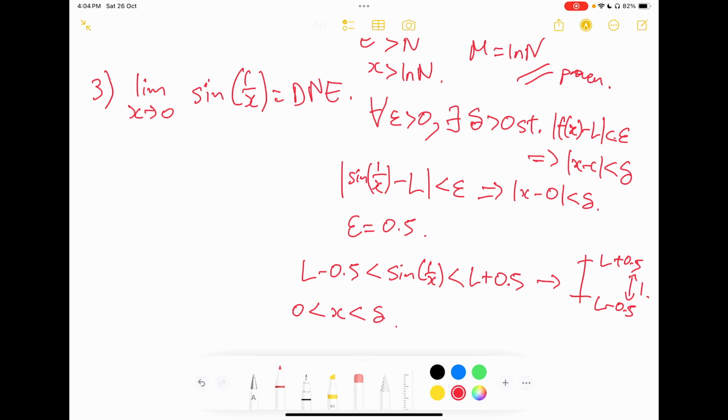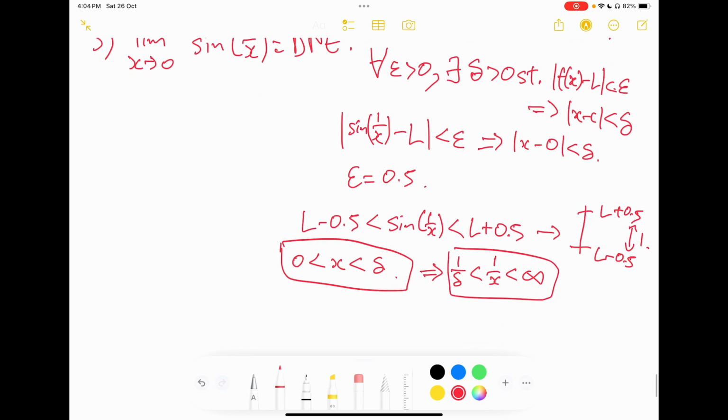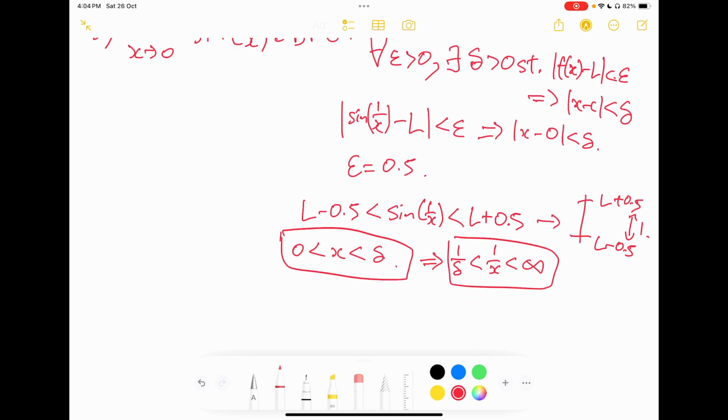However, over this course, sine 1 over x will cover the set of 1 over delta less than 1 over x, which is less than infinity. Because it goes to infinity, it will quite obviously cover a lot of periods of 2 pi, which means that it will go from negative 1 to positive 1. So it contradicts with this, right? Because negative 1 to positive 1 covers a length of 2.